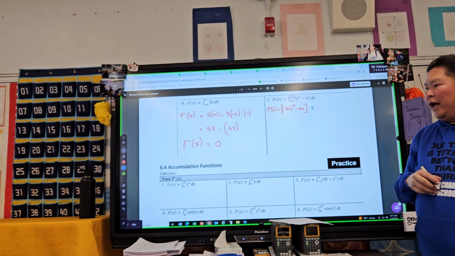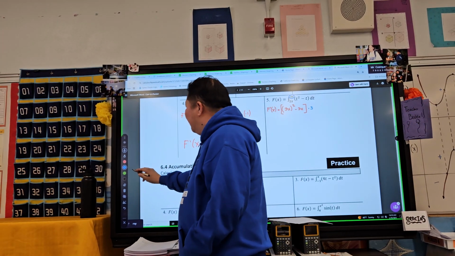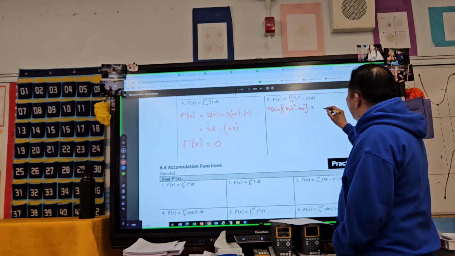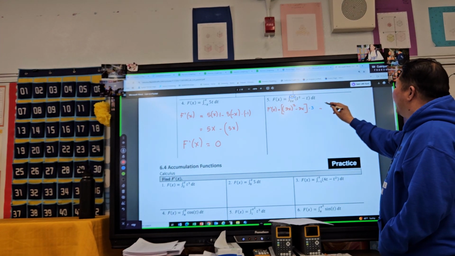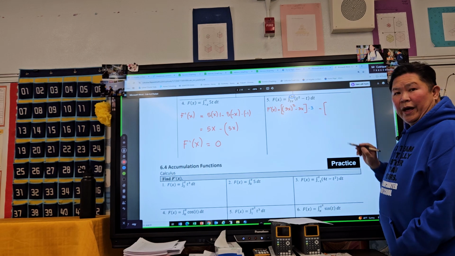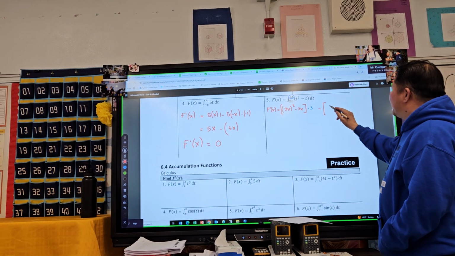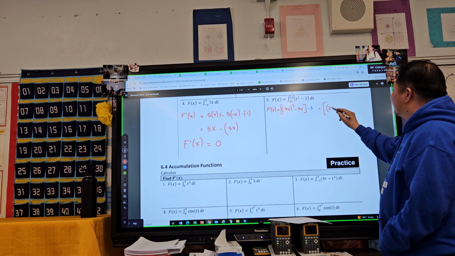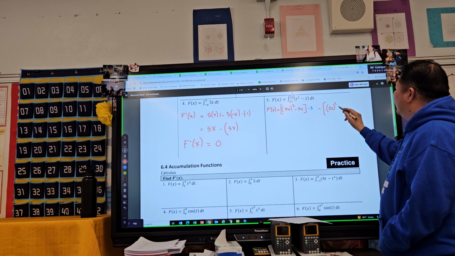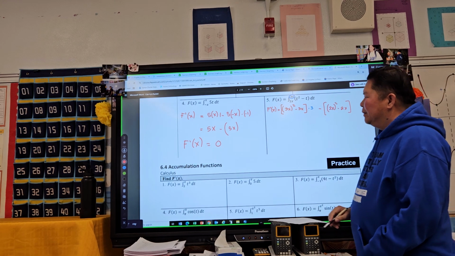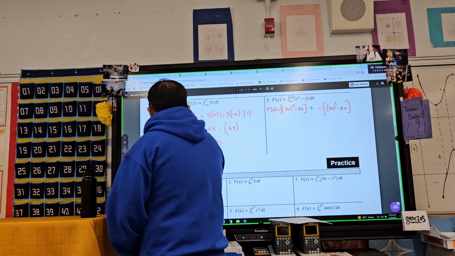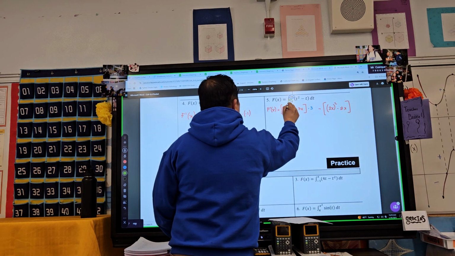Okay, and what's next? Minus the lower limit. The lower limit now is 2x. So we say now 2x squared minus 2x. But what is the derivative of this?